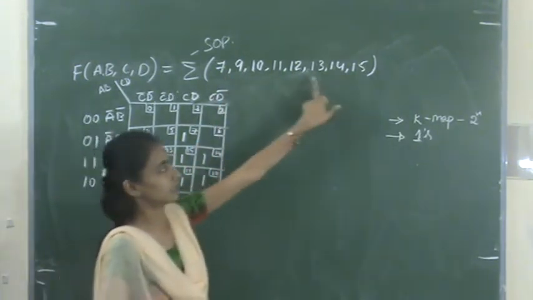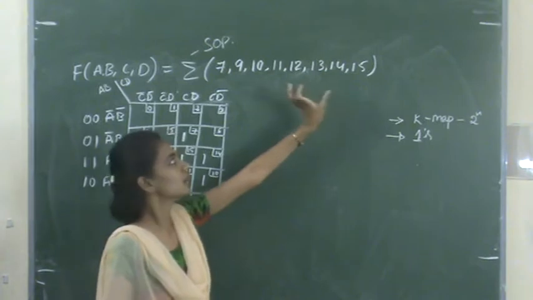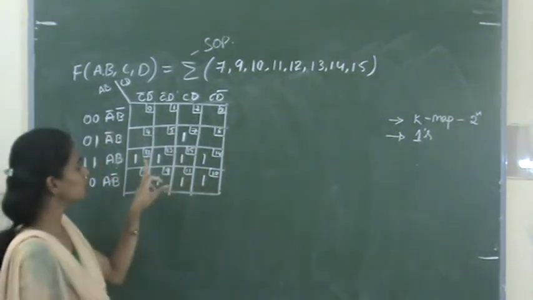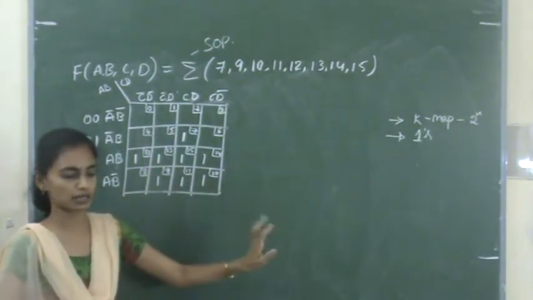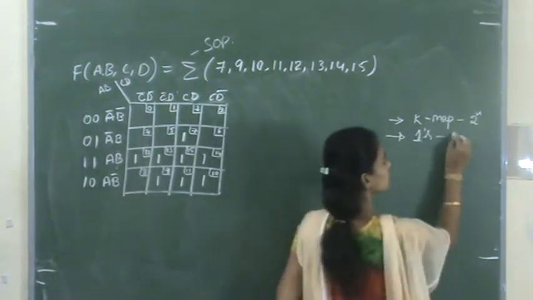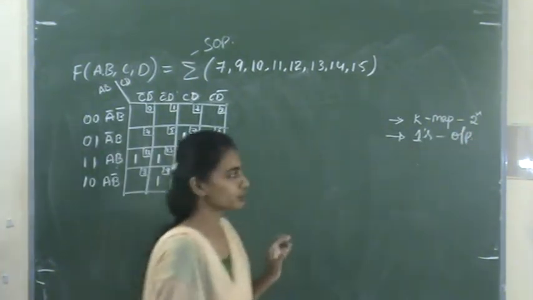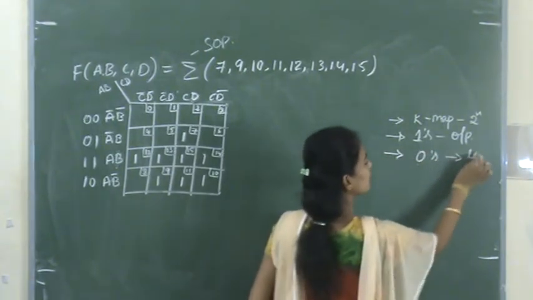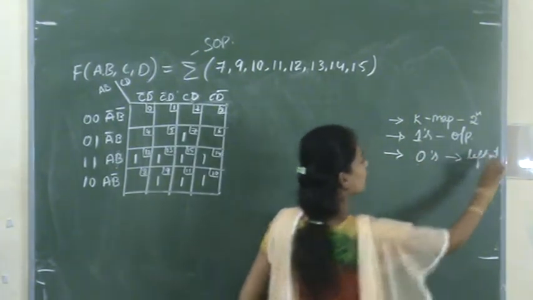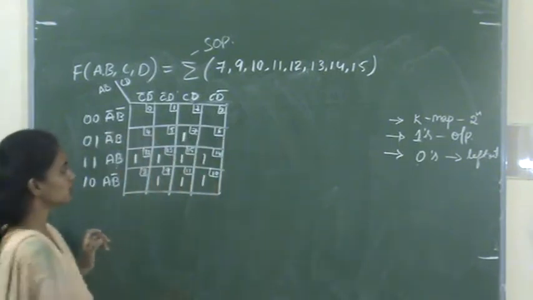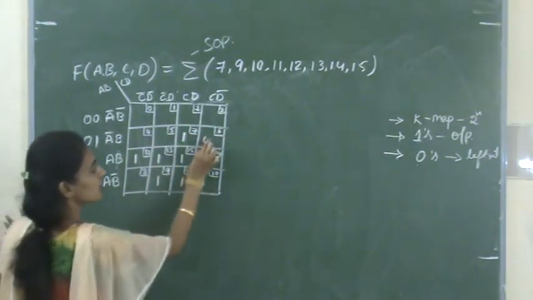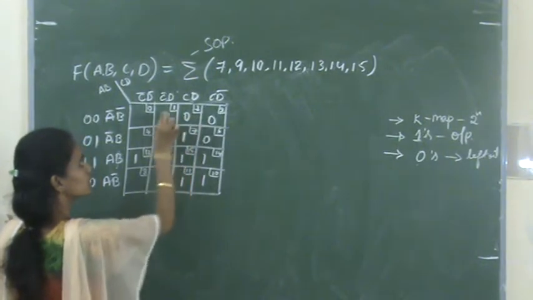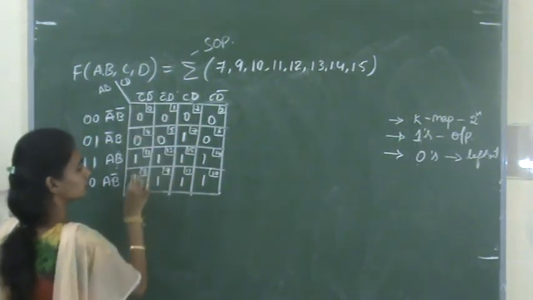So wherever they mention the values here, those places we have to put ones. So that is the next step. Write ones for the output. Okay. So the next step is to write zeros for the left out places. Wherever we have left out places, fill the zeros there.